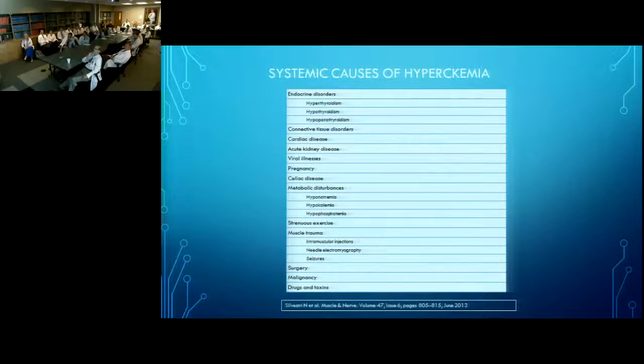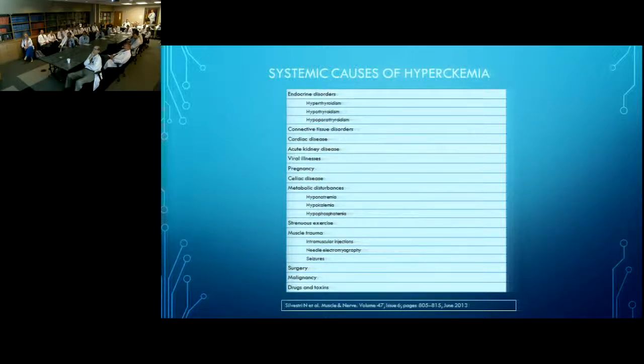Another concern when we deal with high CK levels is, could there really be a systemic disease which can explain this level? And we certainly consider many diseases which secondarily cause myopathy, and in these cases, it's really not a primary muscle disease, but a secondary involvement of the muscle explaining the high CK levels.